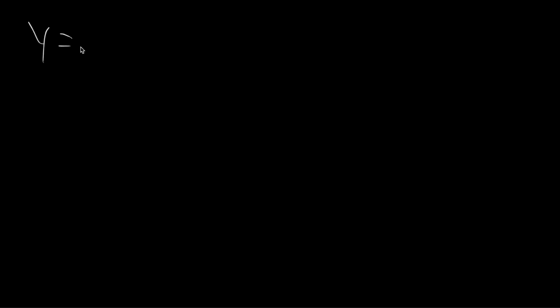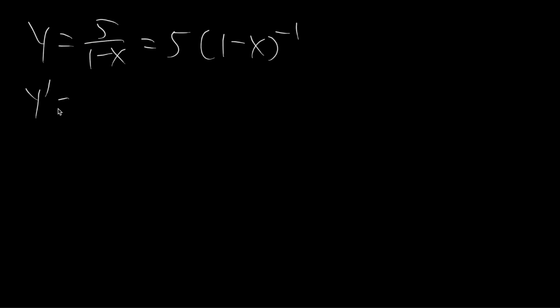y is equal to 5 over 1 minus x. What is the derivative of this quantity? I'm going to write this equation as 5 times 1 minus x to the power of negative 1. Now I can take the derivative. It's equal to 5 times the derivative of this part here. So you can move the negative 1 to the front: 1 minus x to the power of negative 1 minus 1.